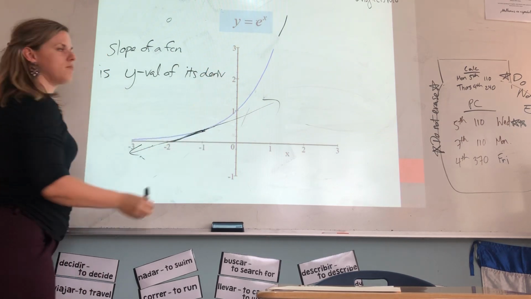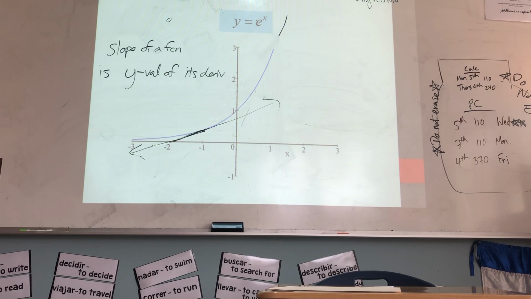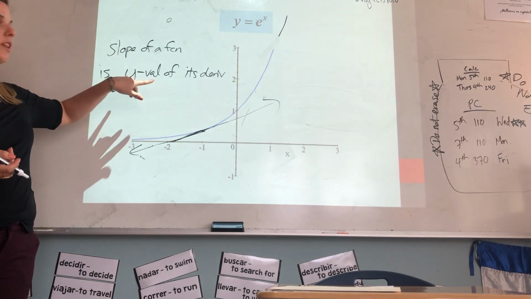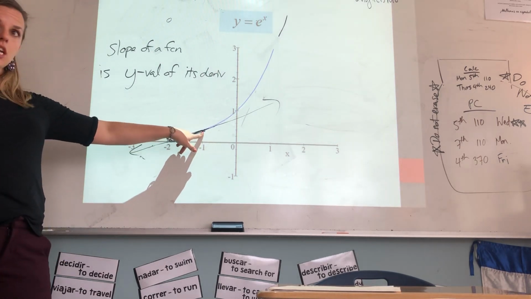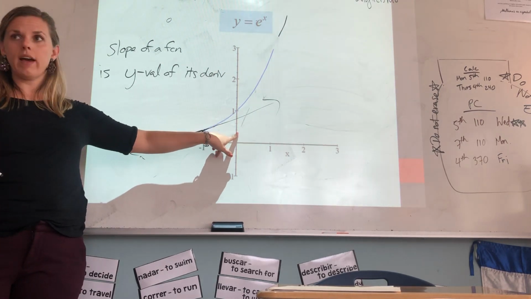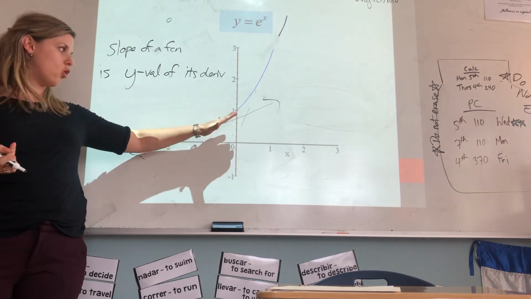So I'm trying to deduce what the derivative of e to the x is. I'm going to take a bunch of slopes and see if that's the y value. Right here, the y value is somewhere around a third, and the slope is around a third.